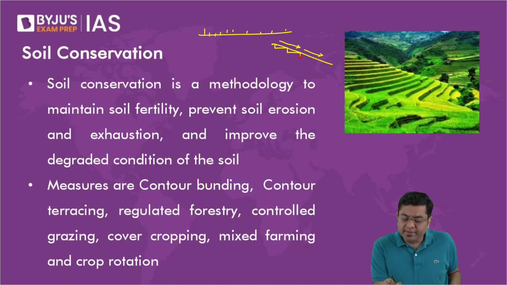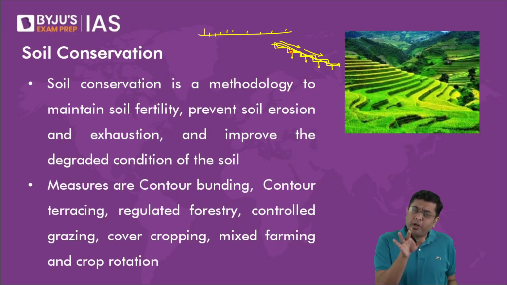Now what this does is it allows for the retention of water. Water is retained here, so water doesn't flow like this anymore. Rather, the water will have a kind of stabilized flow. So a lot of that water will percolate.